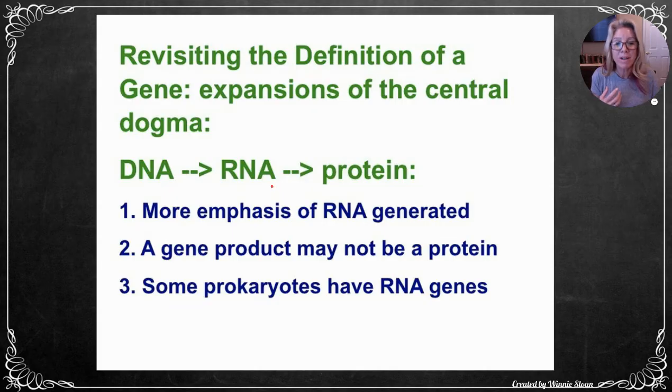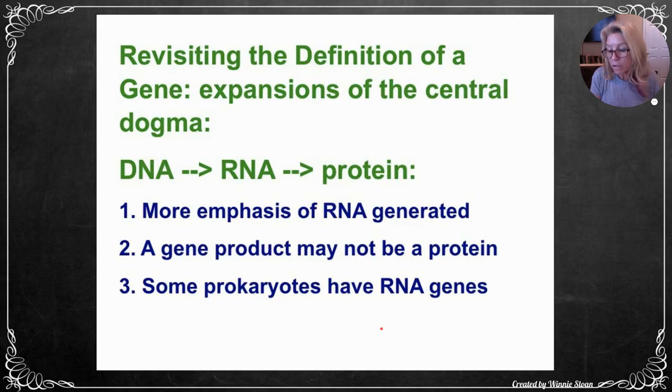It may be the RNA. And then we also look at that some prokaryotes have RNA genes, and RNA could have come first, right, in our evolution. We've talked about that before. So on your notes, you have everything for that here on this screen to fill that in. So maybe put more emphasis on the RNA generated. A gene product may not be a protein, and some prokaryotes have RNA genes.